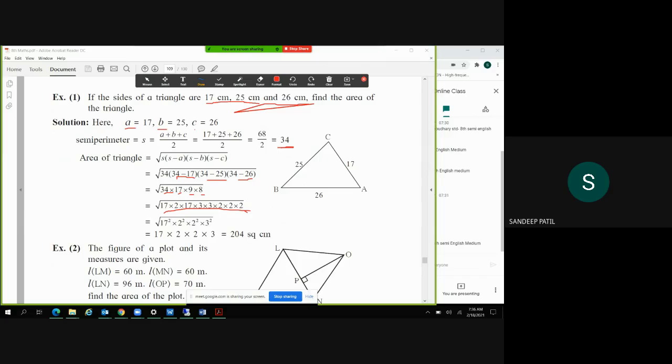Because we know that we can take one from each pair, like 17 squared, 2 squared, 3 squared, 2 squared. Writing squares makes it easy to find the value under the square root. So 17 into 2 into 2 into 3 becomes 204 square centimeter, because the unit of the side is given as centimeter, so the area becomes square centimeter.